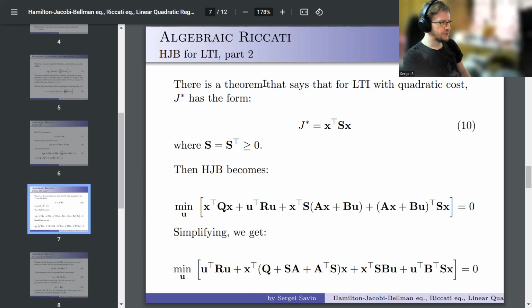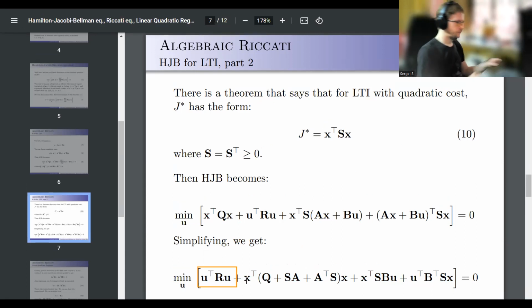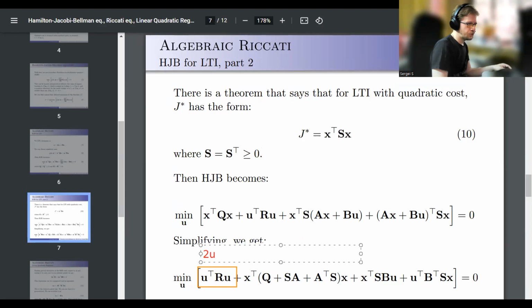So what's going to happen is this guy will become 2U transpose R. Here, by the way, we are going to do exactly what I was warning you against above. We're going to sum vertical and horizontal vectors. Quite interesting.